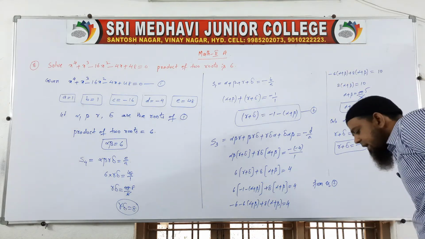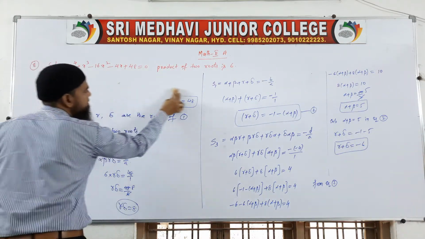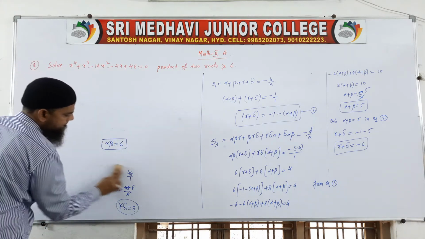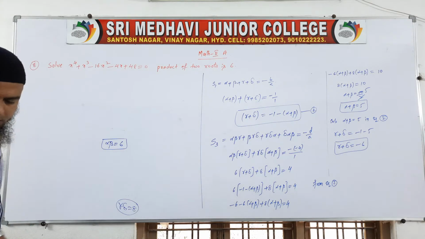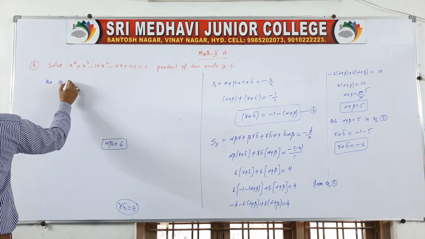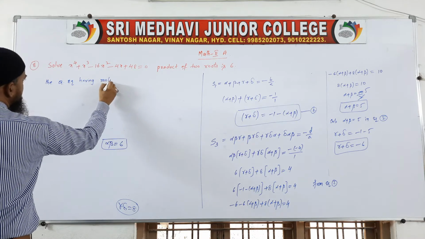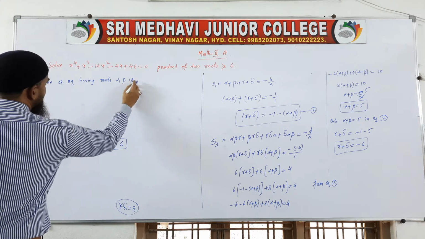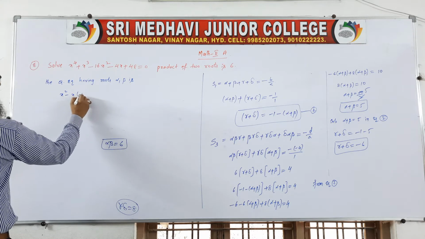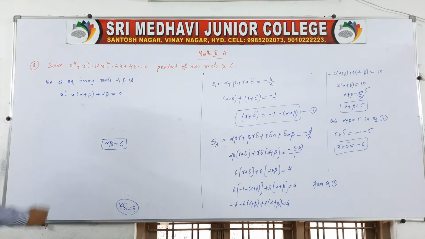Now we are going to construct a quadratic polynomial. See here, the quadratic equation having roots alpha comma beta is, the formula, x square minus x into alpha plus beta plus alpha beta is equal to 0.